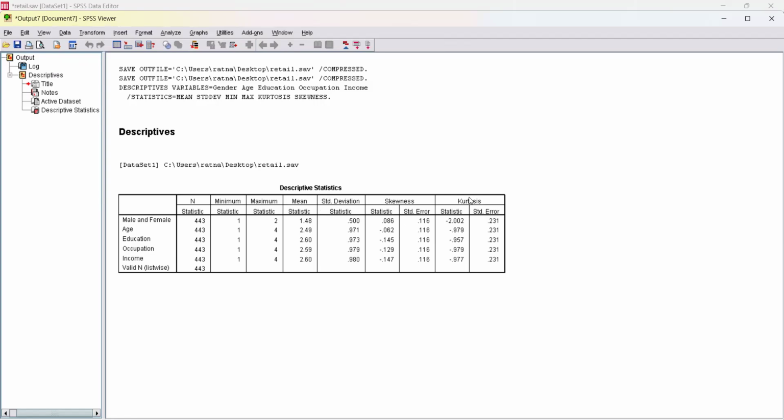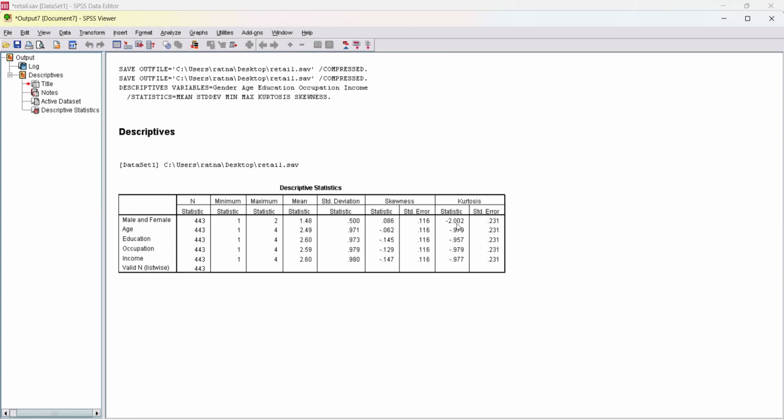Let's go to the skewness and kurtosis. The skewness is close to 0, meaning the distribution is nearly symmetrical, and the standard error is 0.116. Since the skewness value is 0.086, which is less than twice its standard error, the skewness is not statistically significant.